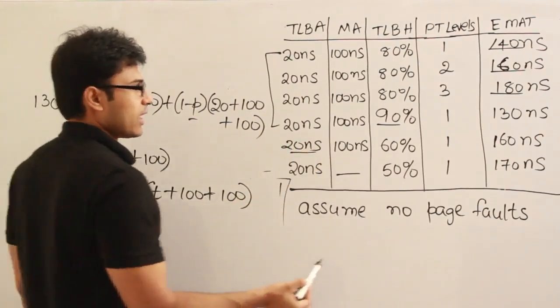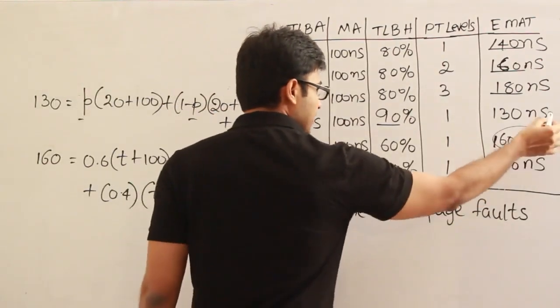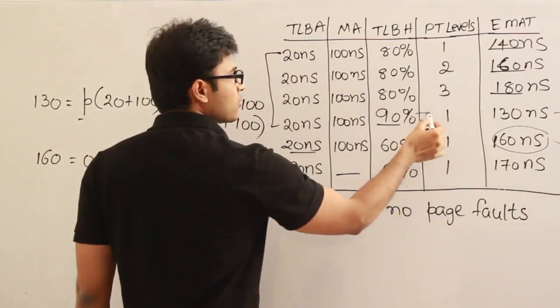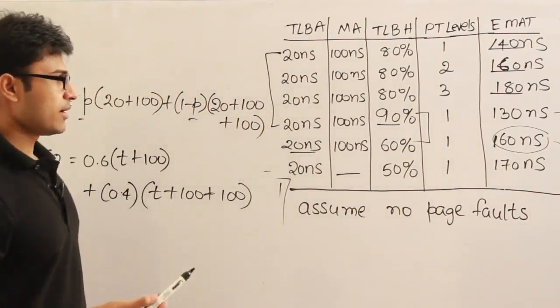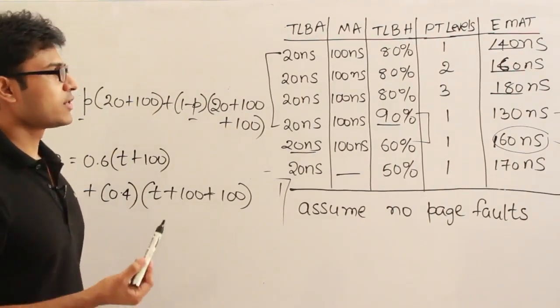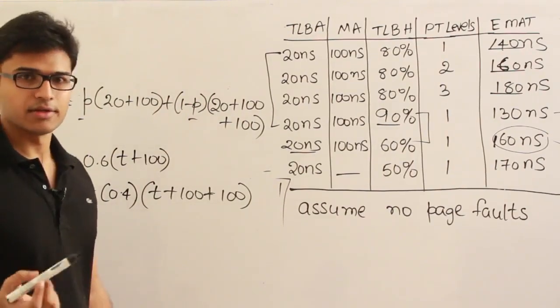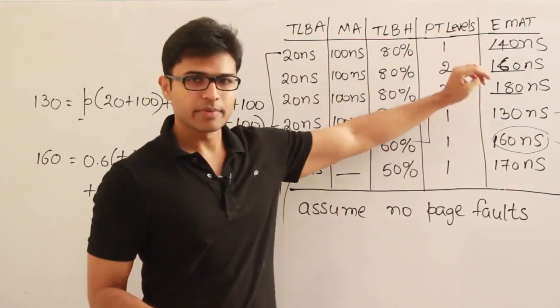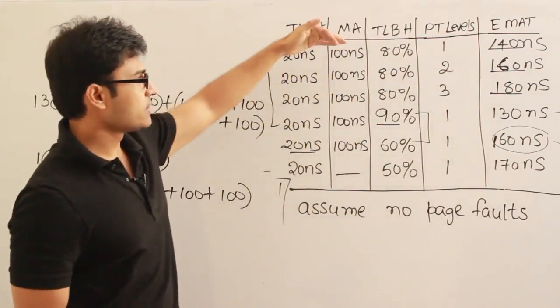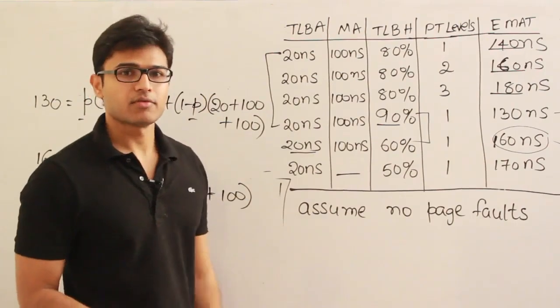Again you can observe it, as the effective memory time has increased, the hit rate is going to decrease. So if the hit rate decreases, then the effective memory access time increases. Maybe some kind of questions are also possible in this pattern. If the effective memory access time is increased by so and so %, then what will be the change in hit rate? They'll ask you such kind of questions.